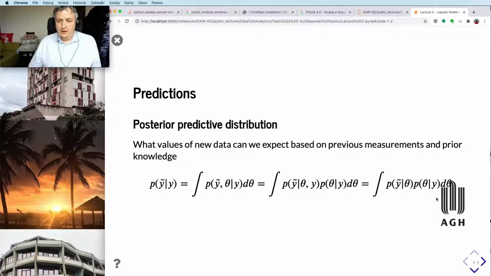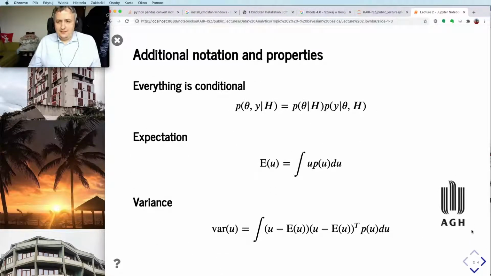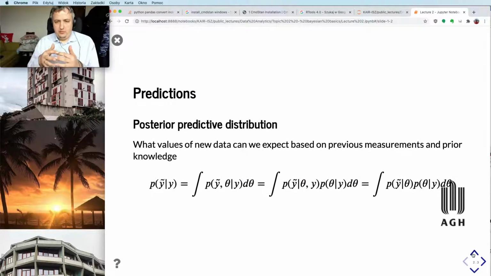At the moment y is not a variable, it's a number or a vector of numbers or a general data set, and the probability of theta, so the initial probability. And maybe I'll come back to this for a second.